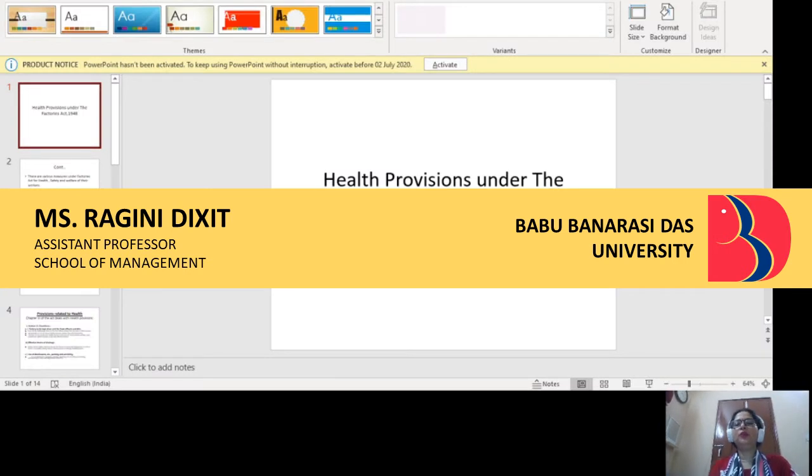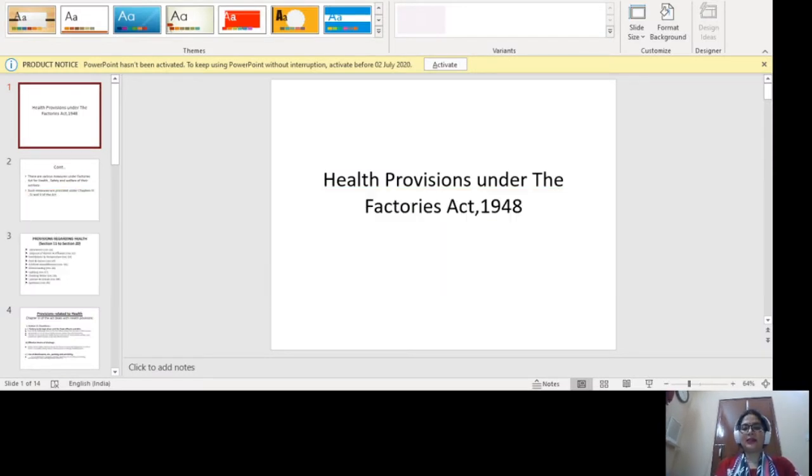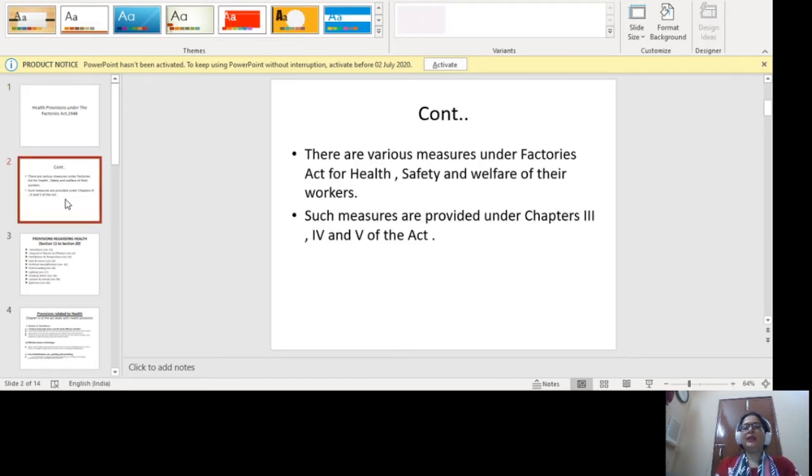Now, today we are going to do the health provisions which are provided under the Factories Act 1948. This Act came into force on 1st April 1949. There are various measures under the Factories Act for the health, safety and welfare of workers working in factories.